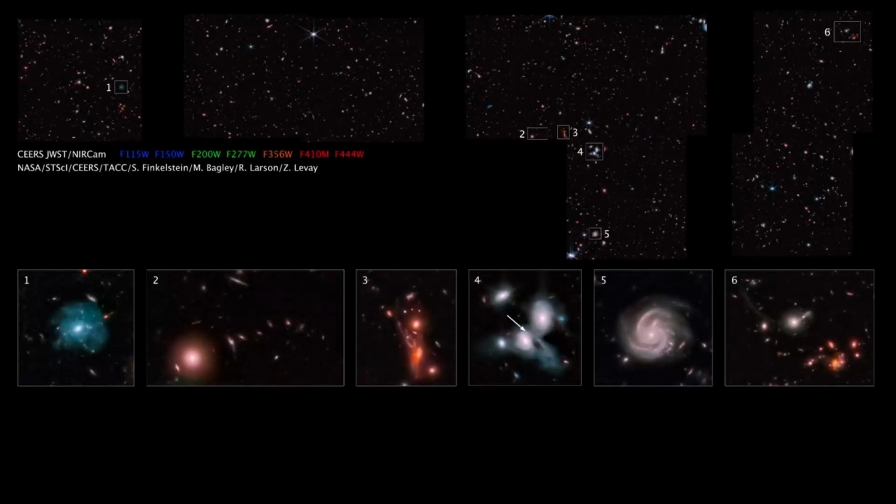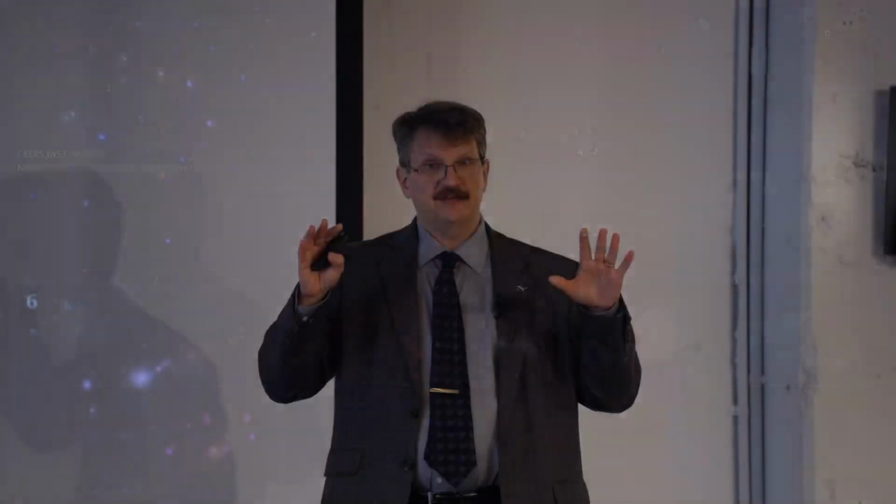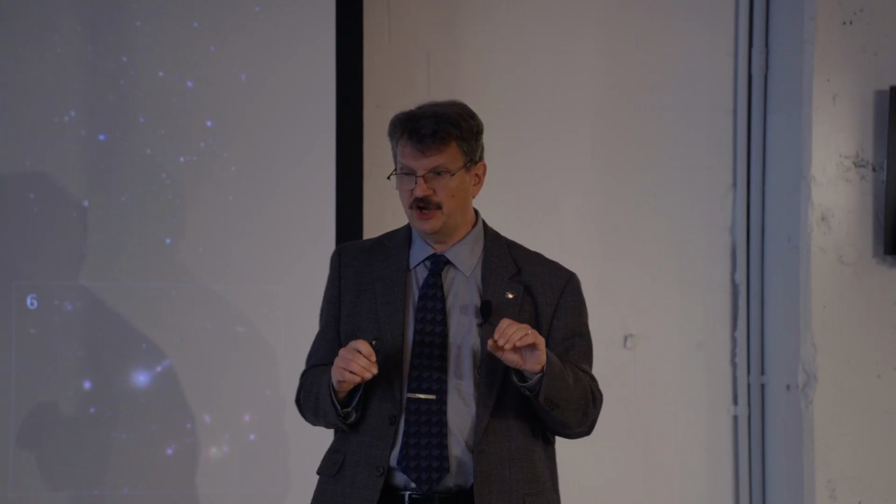And we also have several other fields, what we call deep fields, where we're looking at galaxies and the statistics of the galaxies that we find. This is the Cosmic Evolution Early Release Science Program, and it's not quite as deep as the one I just showed you, but it also covers a bigger area so that we can find rarer objects.